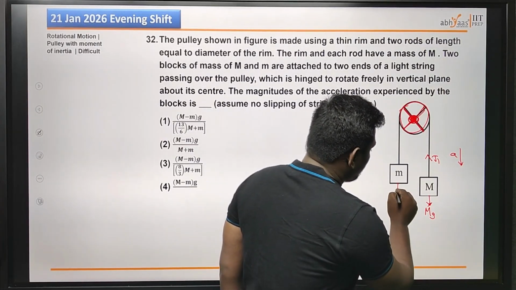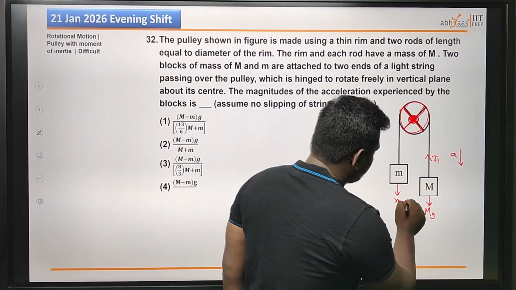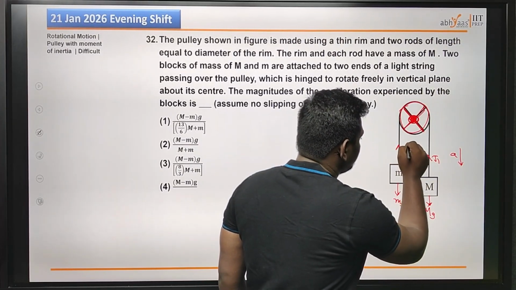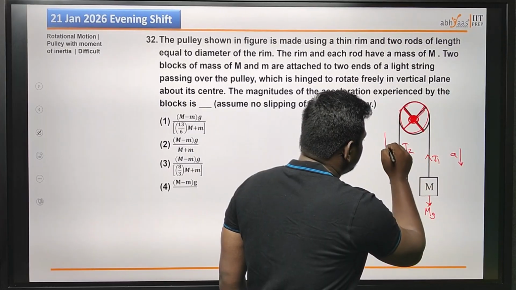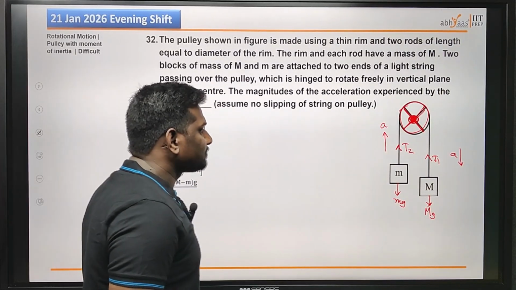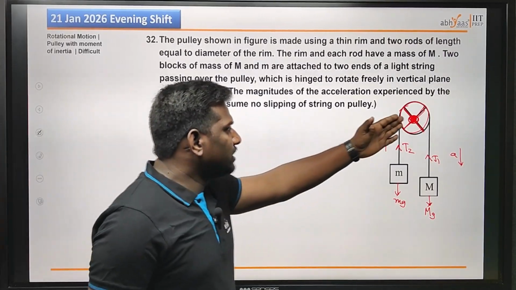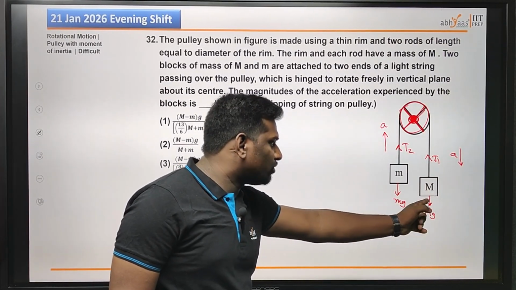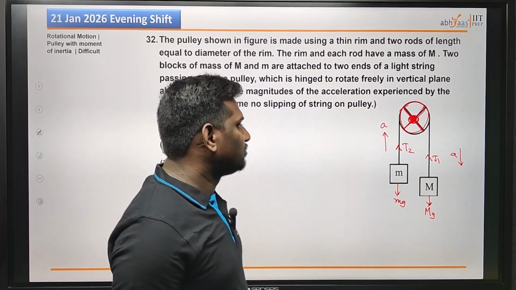On the second block, we have mg and tension T2, and the acceleration is upward. Along the acceleration direction we have more force.